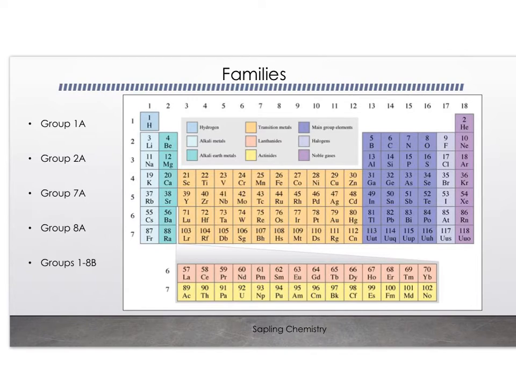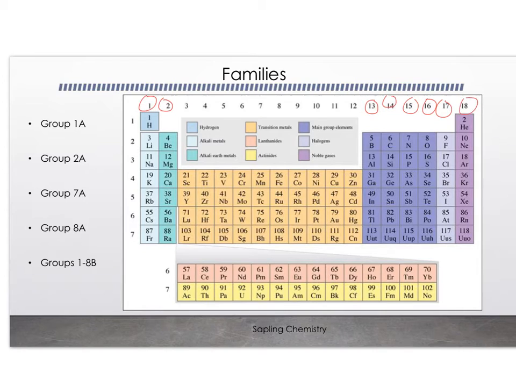So a couple of families that you need to be able to identify are the groups 1A, 2A, 7A, 8A, and then groups 1 through 8B. Previously I mentioned the A versus the B group. Just to clarify again, the A groups are 1 and 2, then you have 3, 4, 5, 6, 7, and 8.